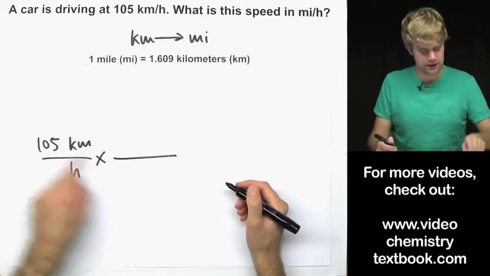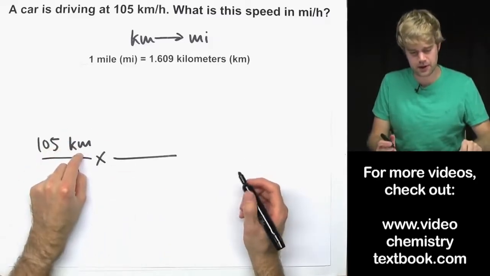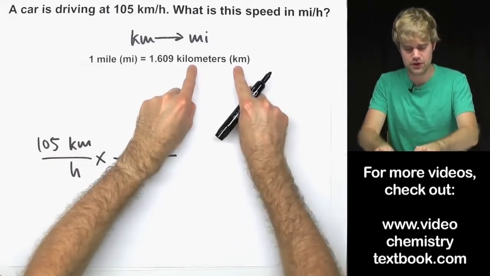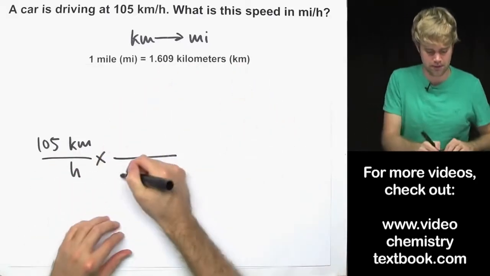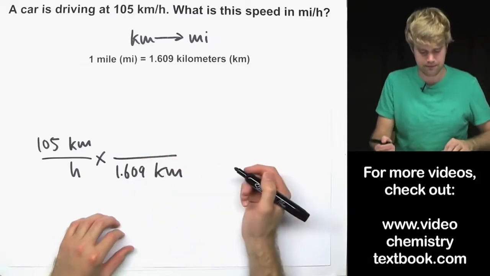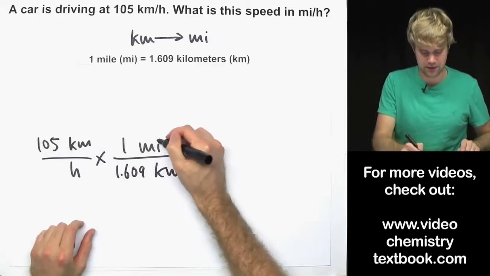So here's our conversion factor setup. Kilometers is up here, so I want to put kilometers down here so they cancel out. So this part of the expression is going to go on the bottom, 1.609 kilometers. And now miles, 1 mile, is going to be on the top.